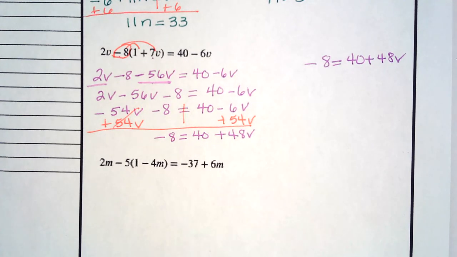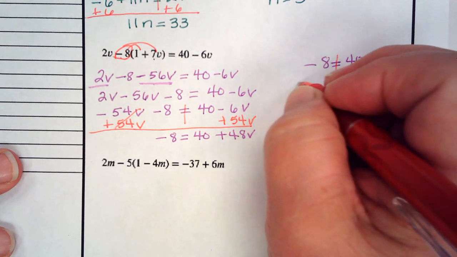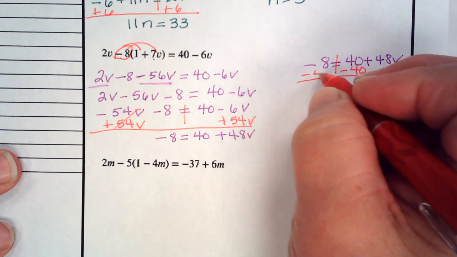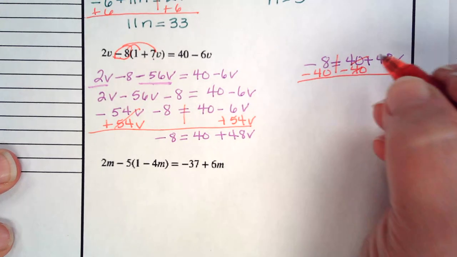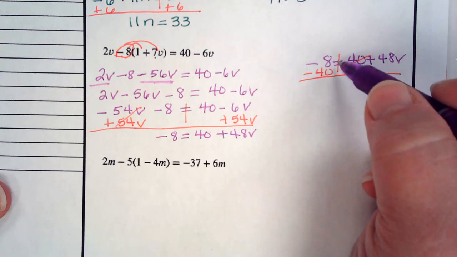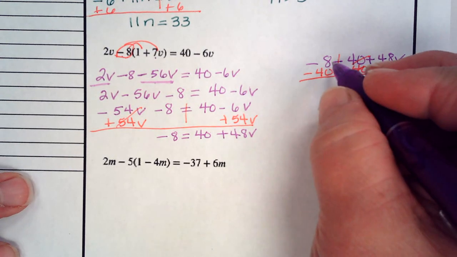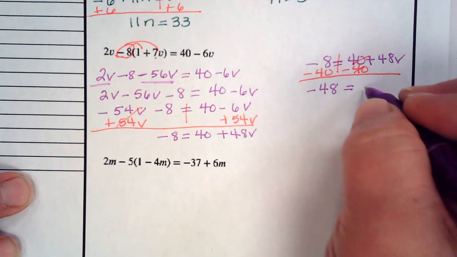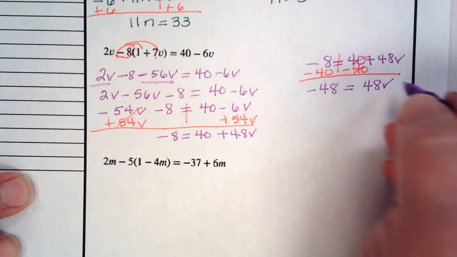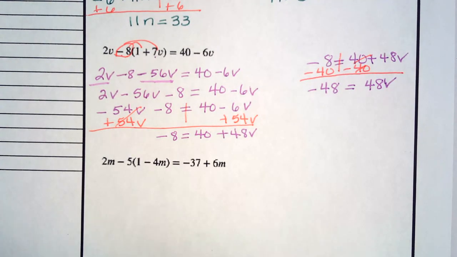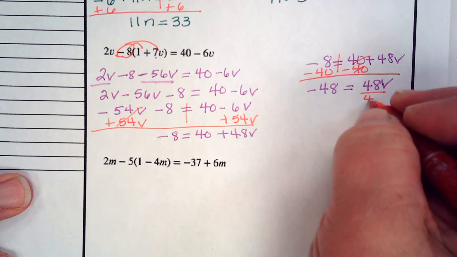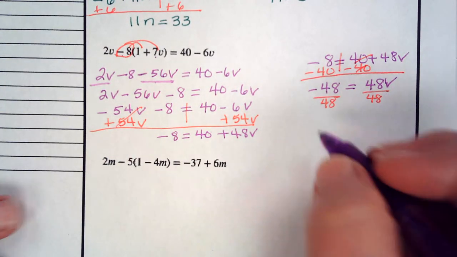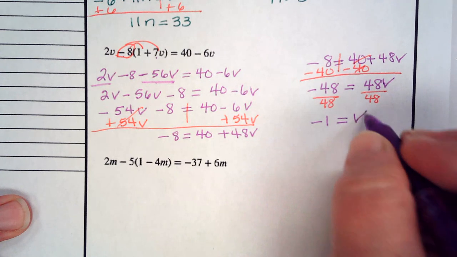Okay, got to get our numbers to the same side. Subtract 40 from both sides. I've eliminated it here. They're both negatives, so we add them together. Negative 8 plus negative 40 is negative 48 is equal to positive 48v. Divide by 48 on both sides. Negative 1 is equal to v.